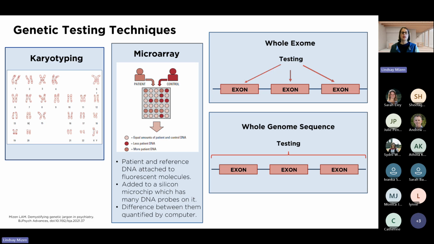The next thing is whole exome sequencing. Exomes are the parts of genes that code for proteins. DNA is made up of the genes with the exomes, but these bits in between, these small lines that I've drawn here, are introns, and they do not code for proteins as such.